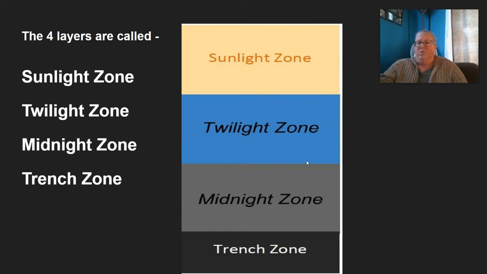The next one, the twilight zone, things are getting colder, deeper. There's a lot of pressure. You start to see some interesting animals, creatures. The midnight zone, there's no light whatsoever. It's very, very, very dark. Lots of pressure, very, very cold. And then the trench zone, which is the very bottom of the ocean.